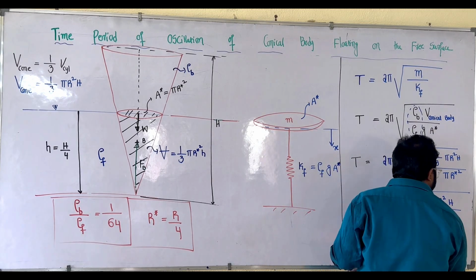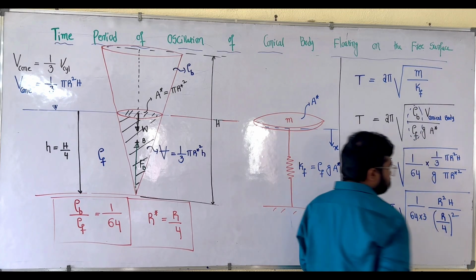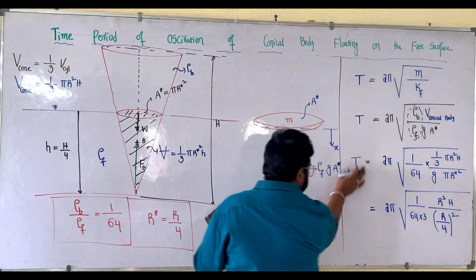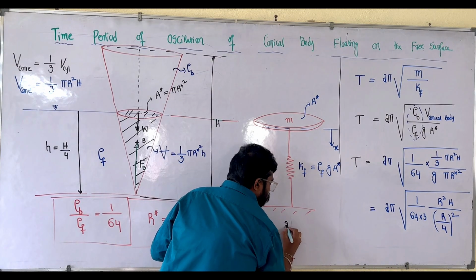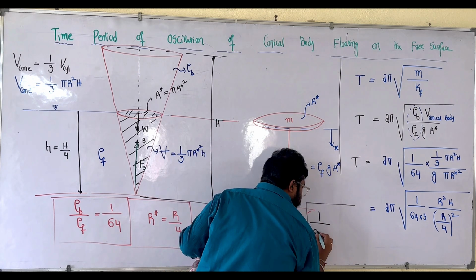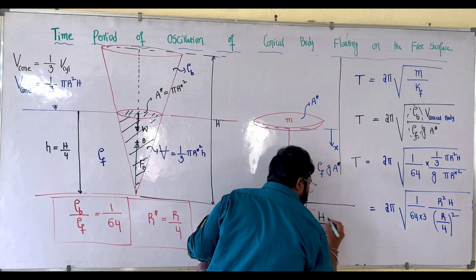R star equals R by 4, whole square. Then what is obtained? 2 pi square root of 1 by 64 into 3. R square gets cancelled out.